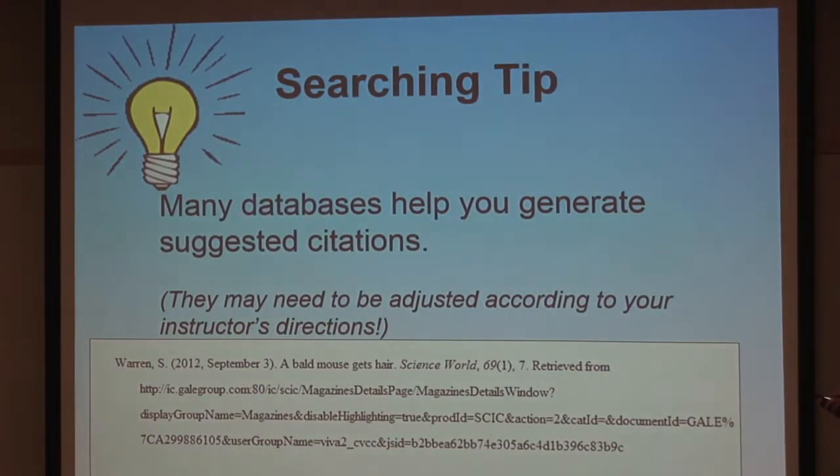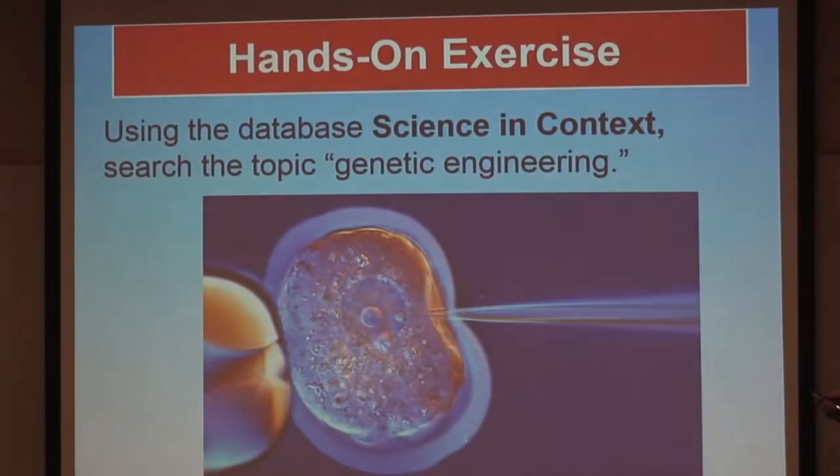And just a reminder, many databases will help you generate suggested citations. So we're going to look for an article or something in this database on genetic engineering, and then we're going to generate a citation using some of their tools. All right.